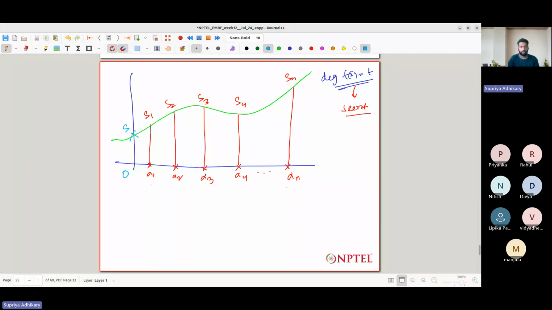That is evaluation of the polynomial at 0. So this is our secret.